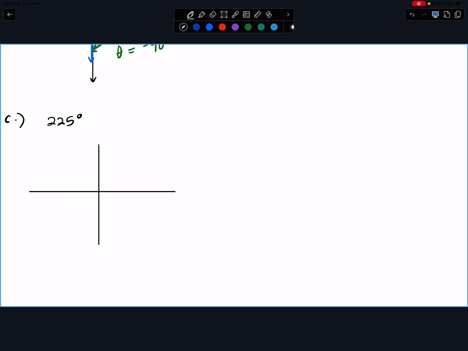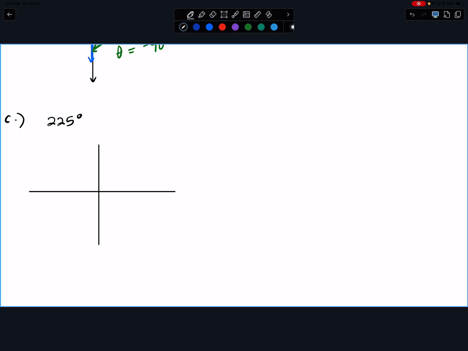So it's positive, right? So I'm going to be going this way. So this is what? 90? How much would that be? 180. So full circle is 360. So half the circle is going to be 180. So how many more degrees do I need to rotate to get to 225? 45 more. So remember 45 is about halfway through a quadrant.